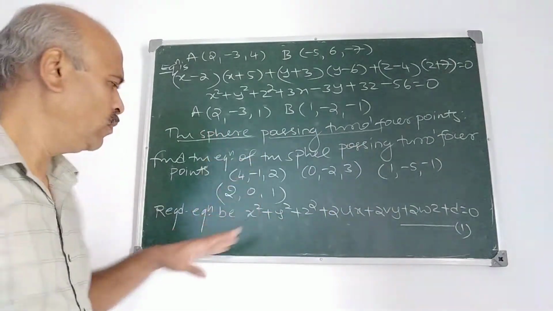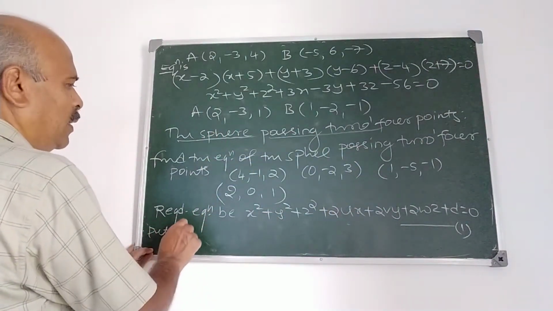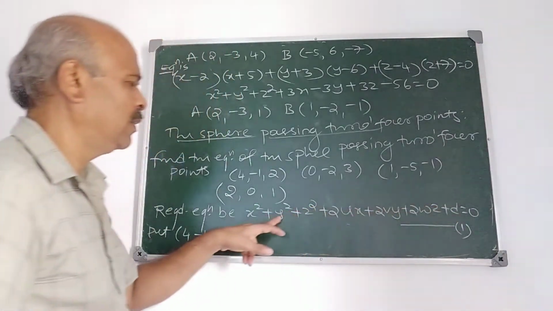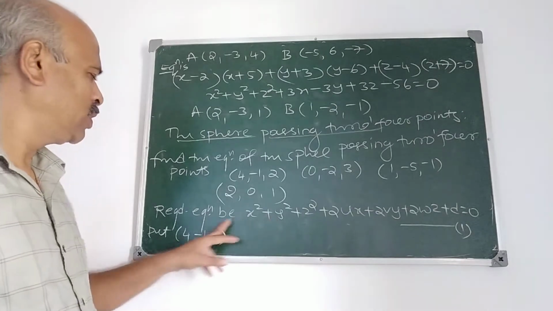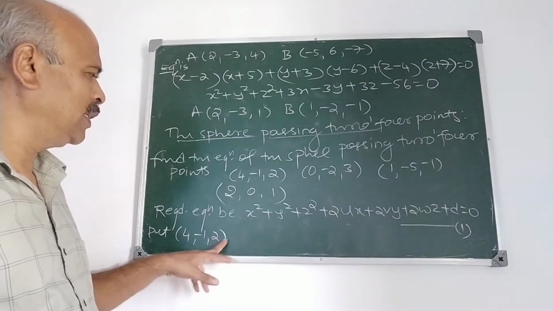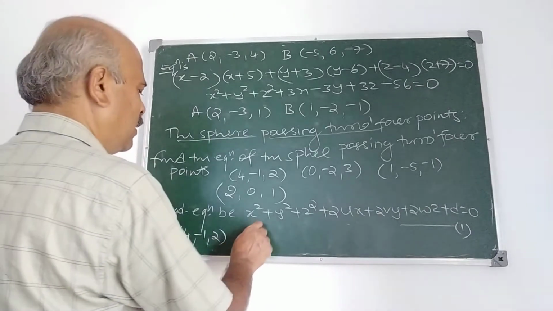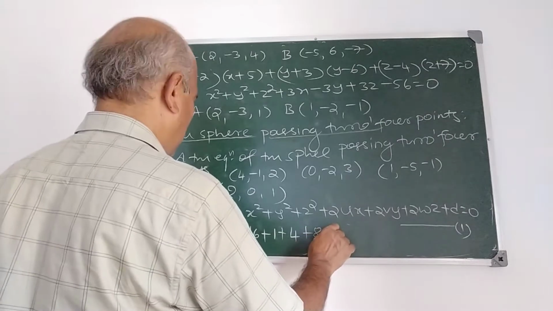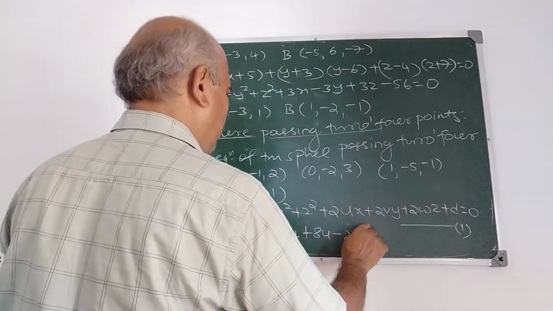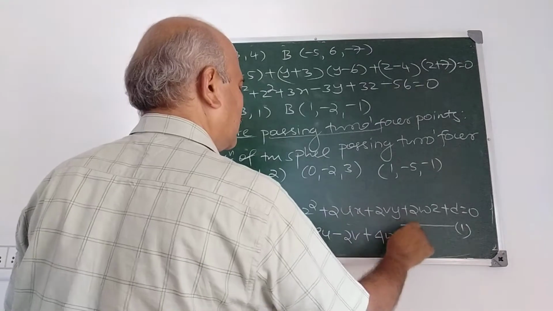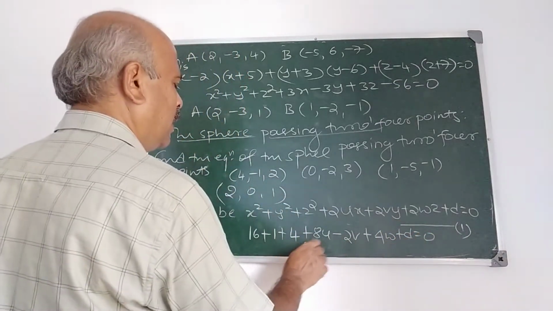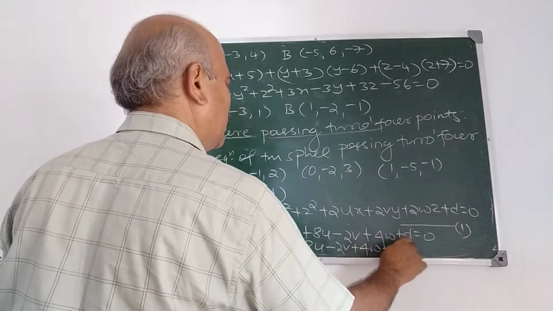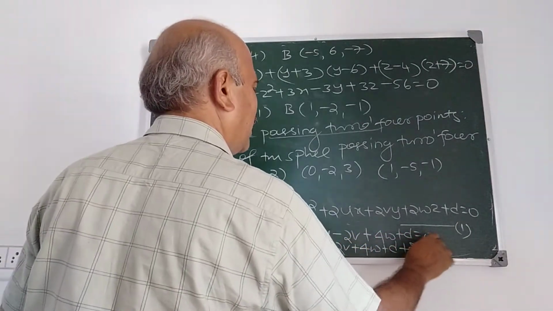For that, since (4, -1, 2) lies on the sphere that we have taken as 1, substitute x = 4, y = -1, z = 2 in the equation. What do you get? 16 plus 1 plus 4 plus 8u minus 2v plus 4w plus d is equal to 0. Therefore, 8u minus 2v plus 4w plus d plus 21 is equal to 0.